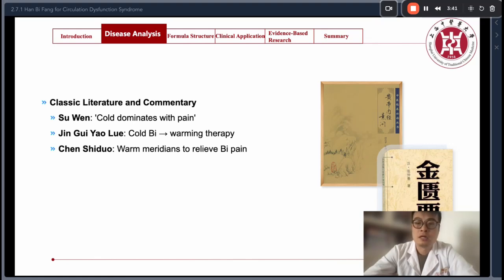Later scholars like Chen Shiduo emphasized the need to not only expel cold but also nourish yang, especially where the condition is long-term or the patient is elderly. This formed the theoretical basis of the 韩必方 formula that both warms the surface and strengthens the core.